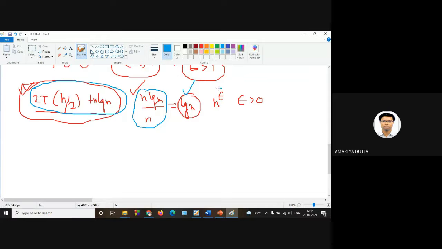Log n and n^epsilon, which one is asymptotically larger, which one is faster? n^epsilon is faster, so log n is not asymptotically larger than n^epsilon.